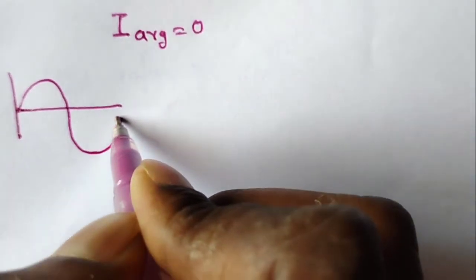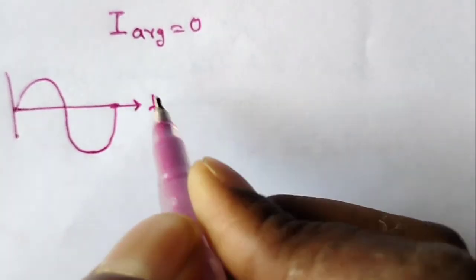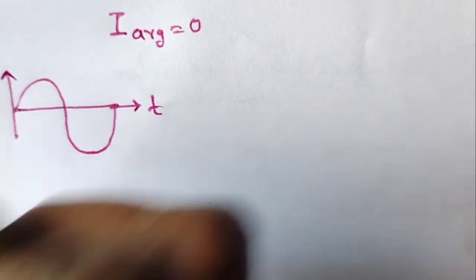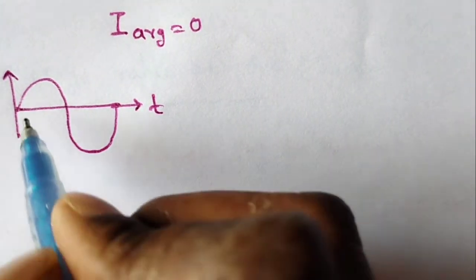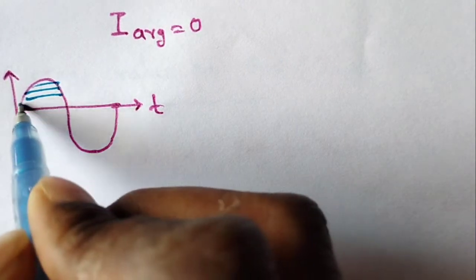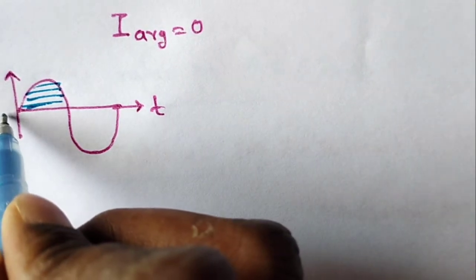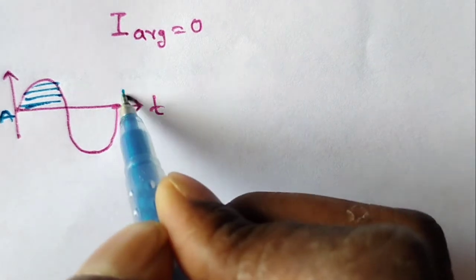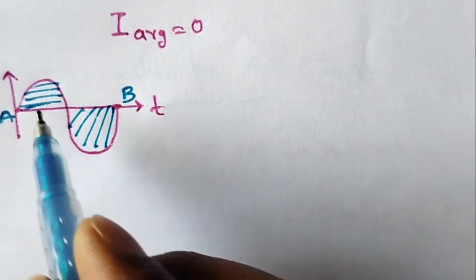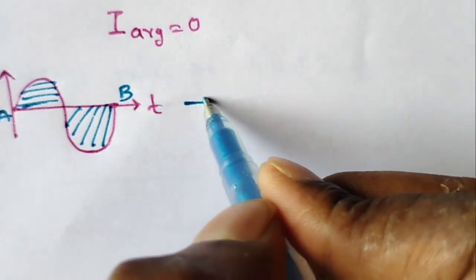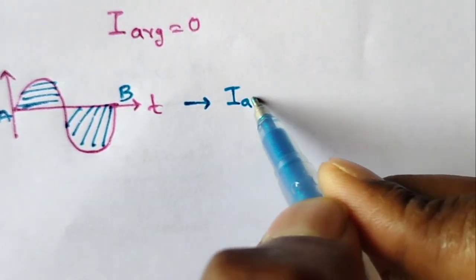So this is an AC signal, with small t here and current in the y direction. I am taking this point as A and this point as B. So in A to B, one complete cycle, what is the I average?